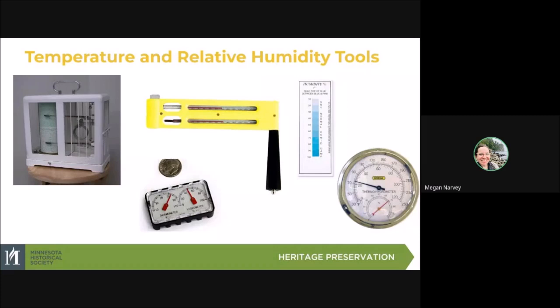Many of them are also very easy to calibrate, whereas digital relative humidity and temperature tools now are extremely complicated to calibrate. You have to send them in. All of these tools need to be calibrated every so often to maintain their accuracy, and it's really hard to do now.